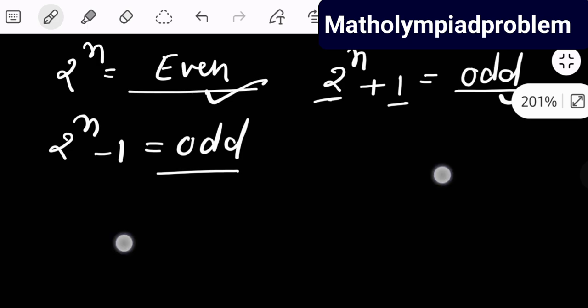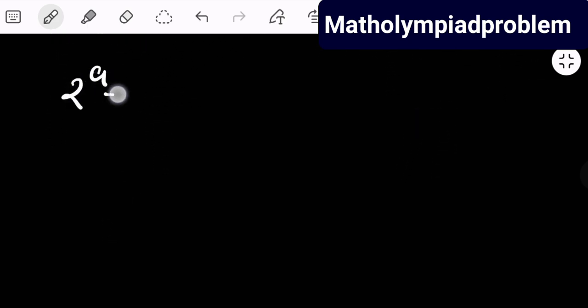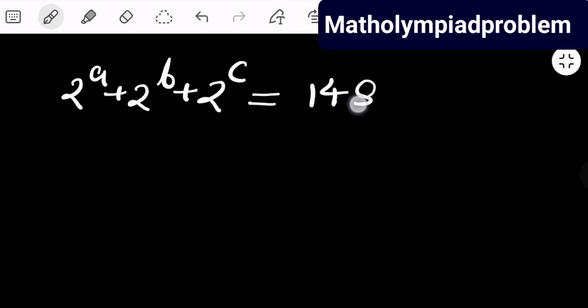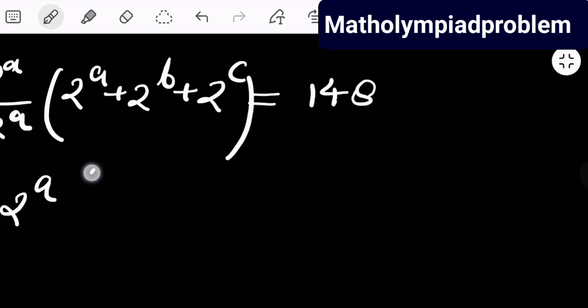Now, as we have the question, 2 raised to a plus 2 raised to b plus 2 raised to c is equal to 148. What are we going to do here? Just multiply by 2 raised to a and divide by 2 raised to a. Just leave this 2 raised to a as it is, and take this 2 raised to a as a denominator for all.